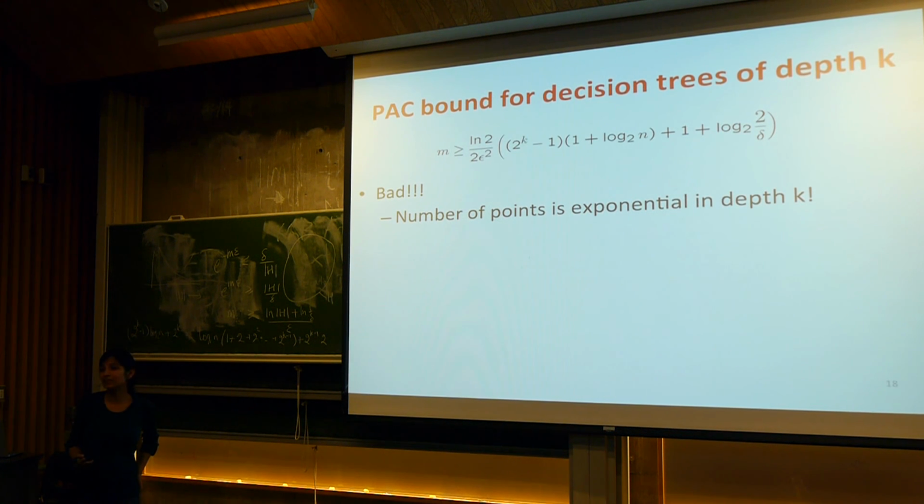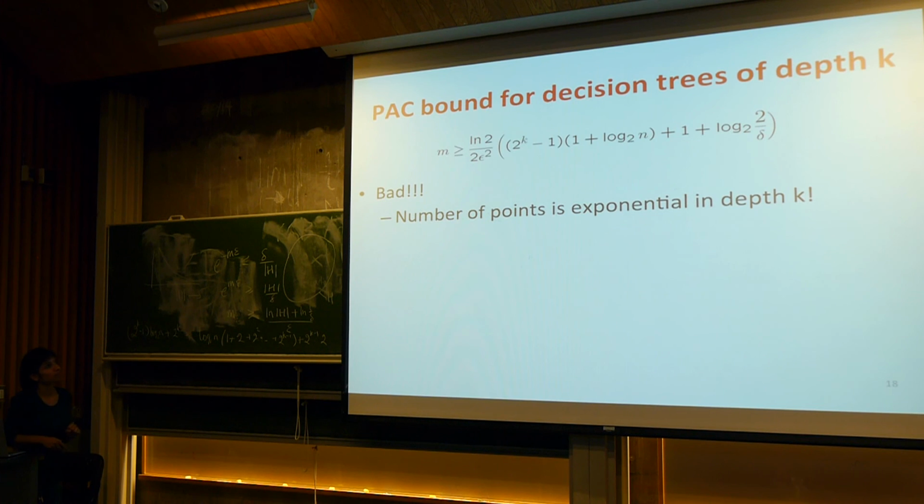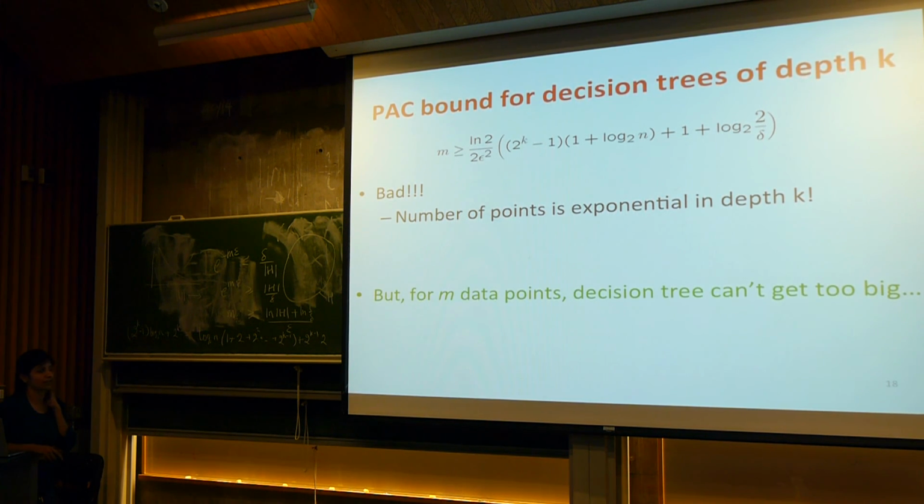You're ultimately limited, right? You don't want to just keep on creating empty leaves. So if you're given m data points, you believe that there should be maybe a reasonable limit on how many decision trees you might have, and hopefully not exponential. So the decision tree in some sense shouldn't be getting too big if we have only m data points. Okay.